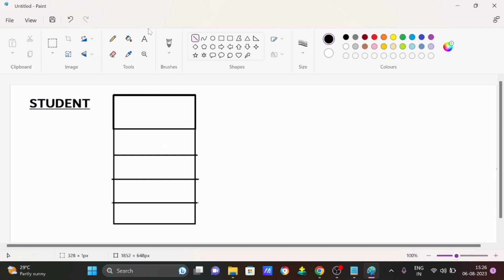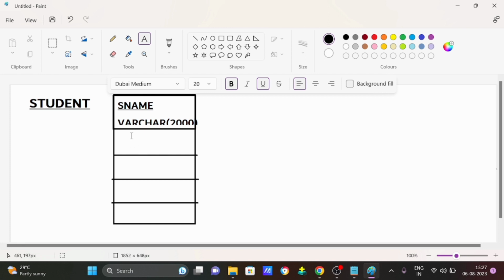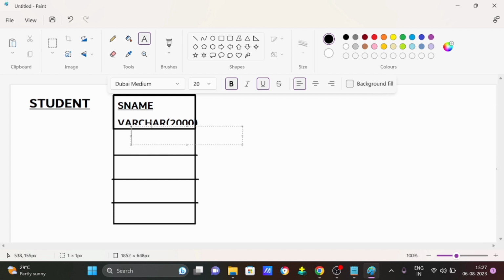Firstly, let me write S name, and I'll be considering the size. We say varchar of size 2000. This is the size I'm giving for the data type, 2000.